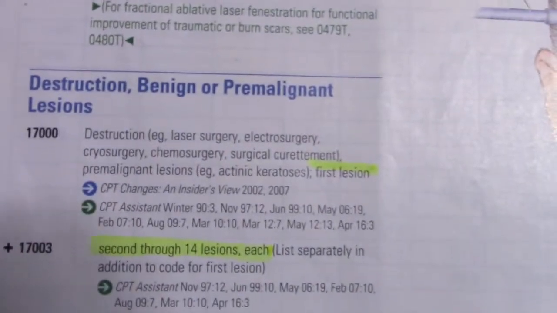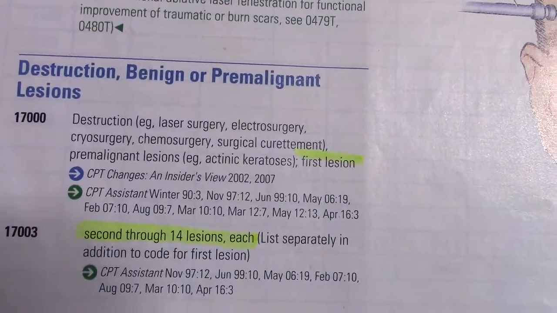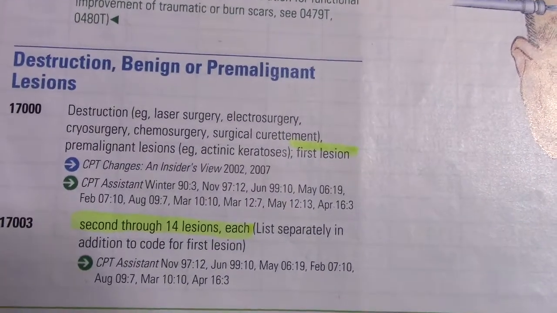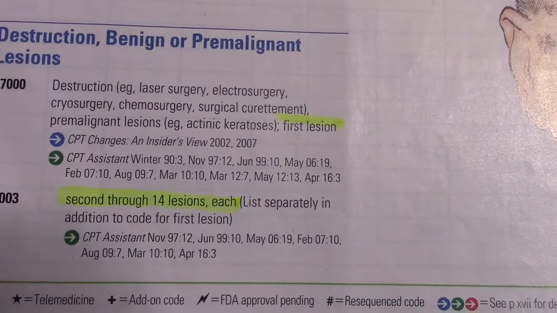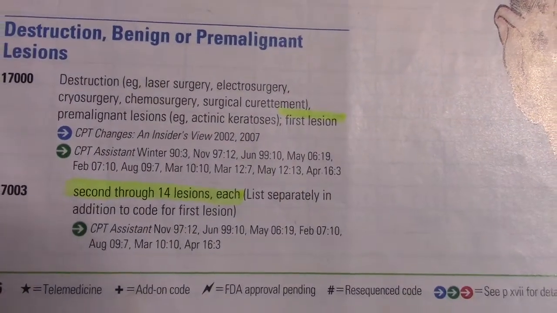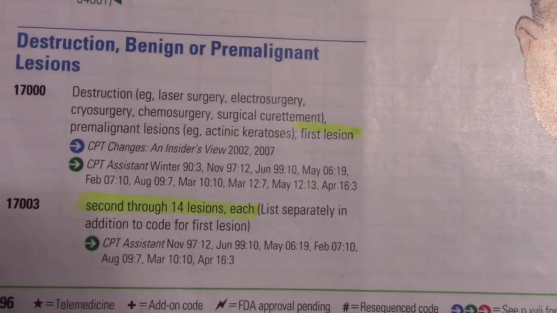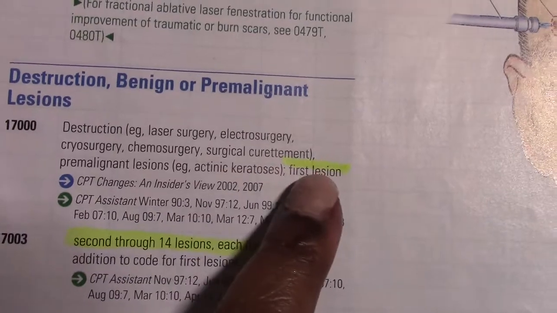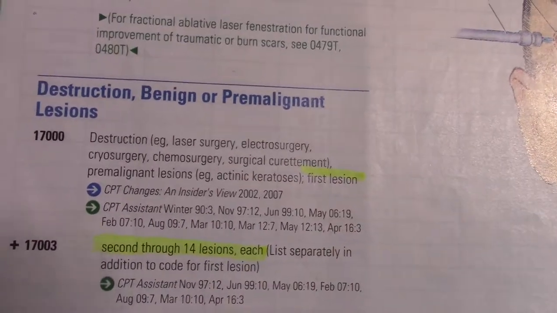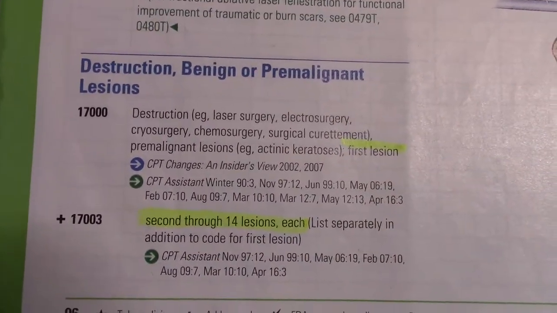All right, now let's look at the code 17000. If you look down at code 17000, we're talking about destruction of benign or pre-malignant lesions. Now 17000 says destruction, whether it's laser surgery, electrosurgery, cryosurgery, chemosurgery, or surgical curettement, pre-malignant lesions, and the key here is now highlighted. First lesion. If it's the first lesion, you should be using code 17000.